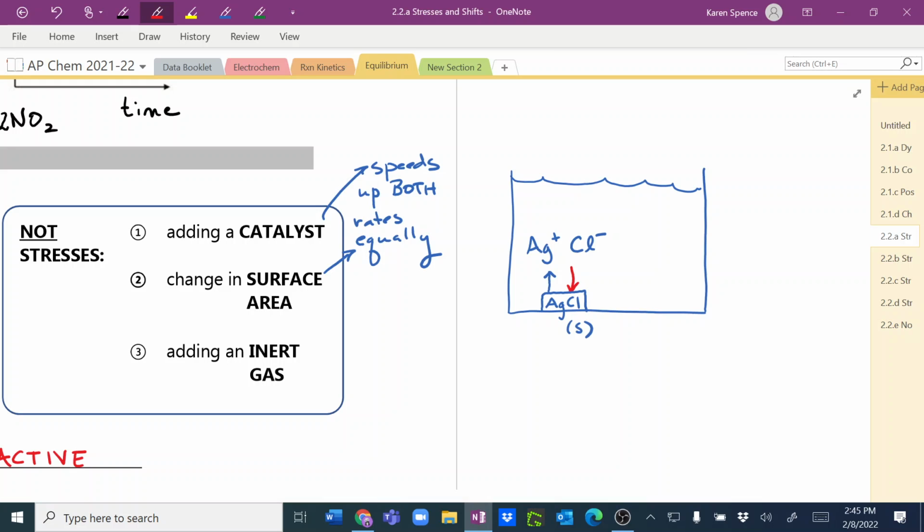What if I gave you more silver chloride? There will be more dissolving, yes, because there's more places for it to dissolve. But there are also more places for it to recrystallize, yes? So when you increase surface area, you actually increase both rates equally. Yeah?